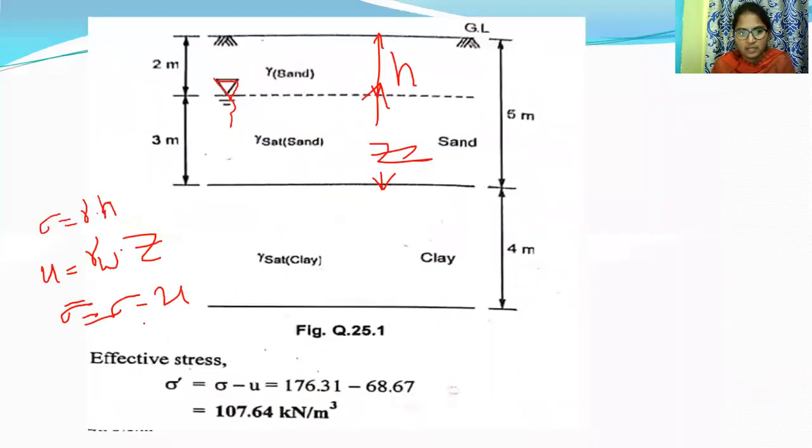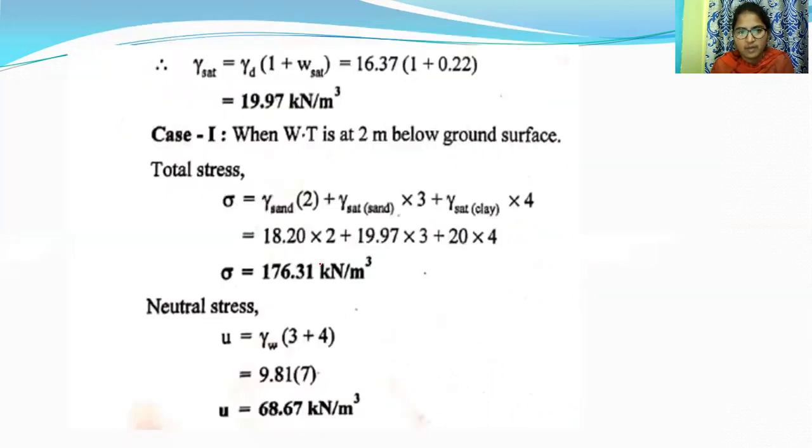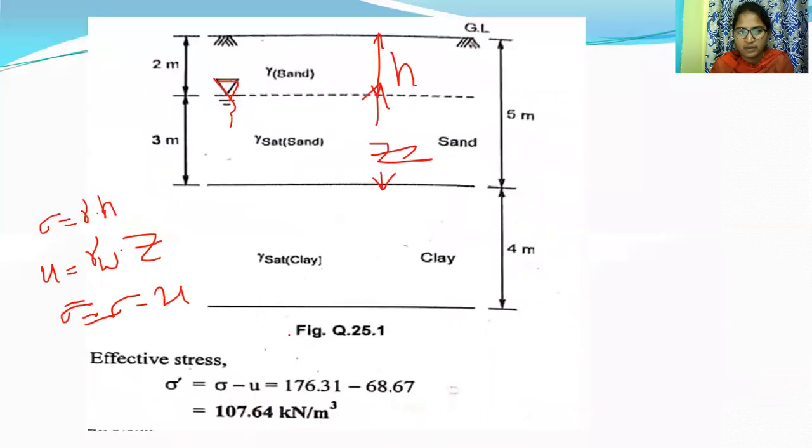Now I can calculate pore water pressure, but here only the dry condition applies, and in these two layers pore water pressure will be there. So gamma W is equal to 9.81. Gamma W will be used for this layer and also for this layer, but the head will vary: 3 meters plus 4 meters.